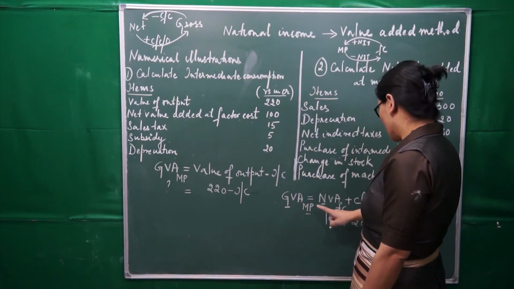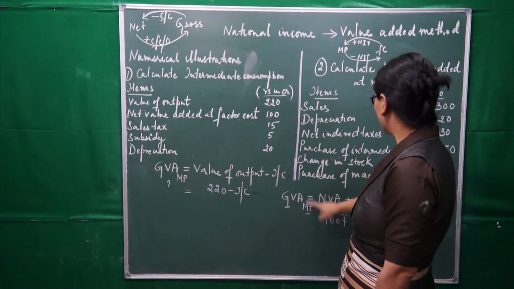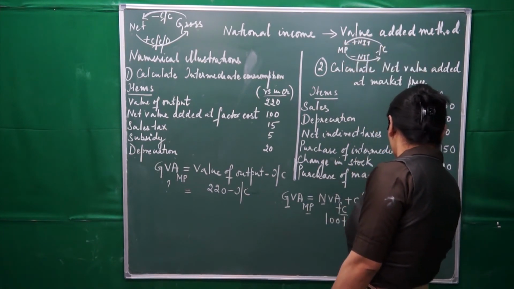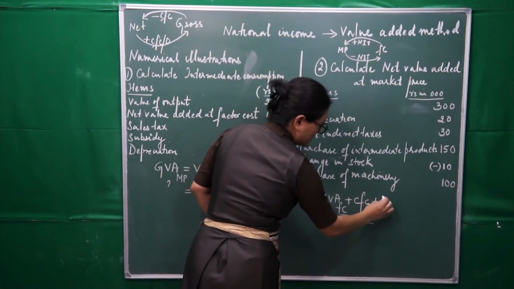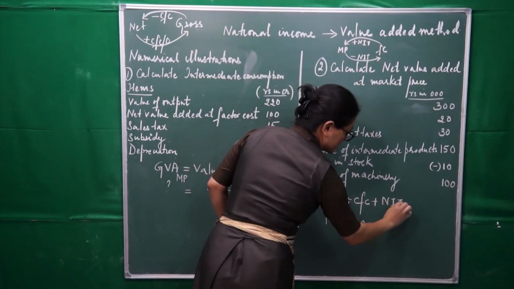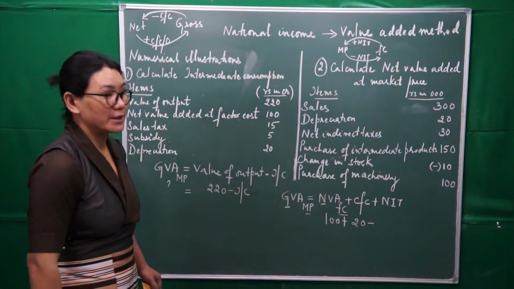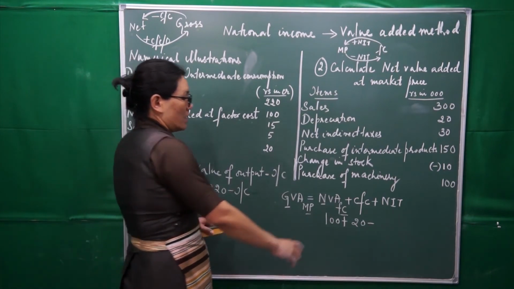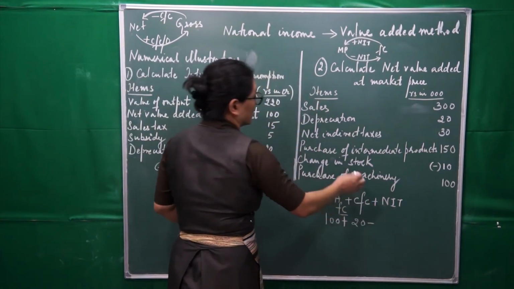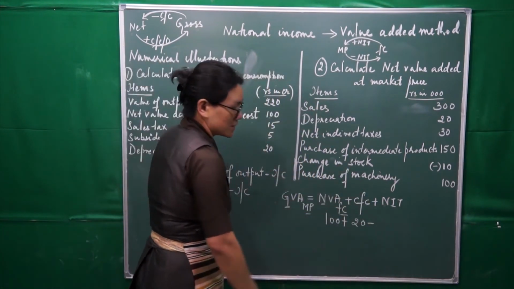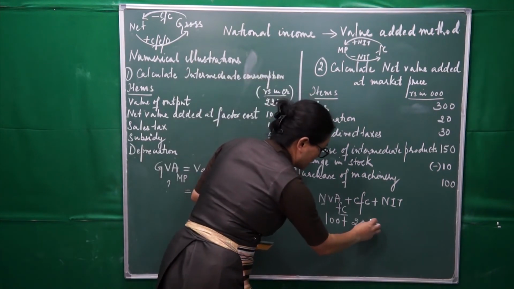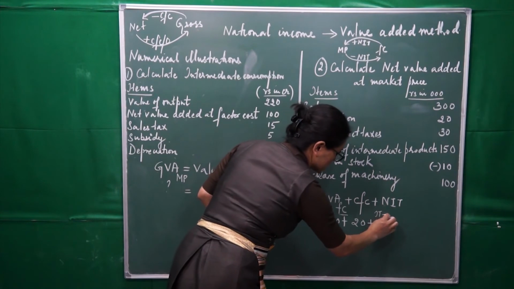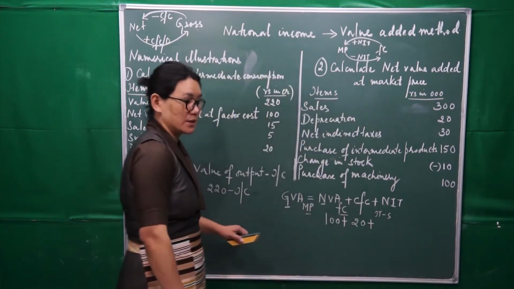Now FC into MP is plus NIT, net indirect taxes. Right. Now, if NIT is plus IT minus subsidy, I said.